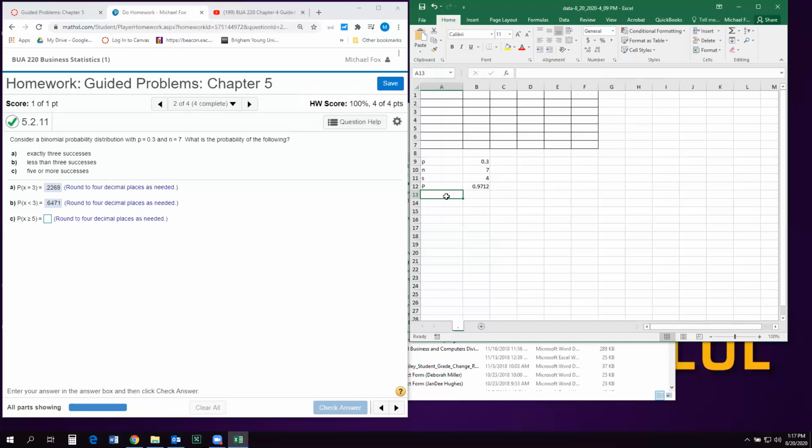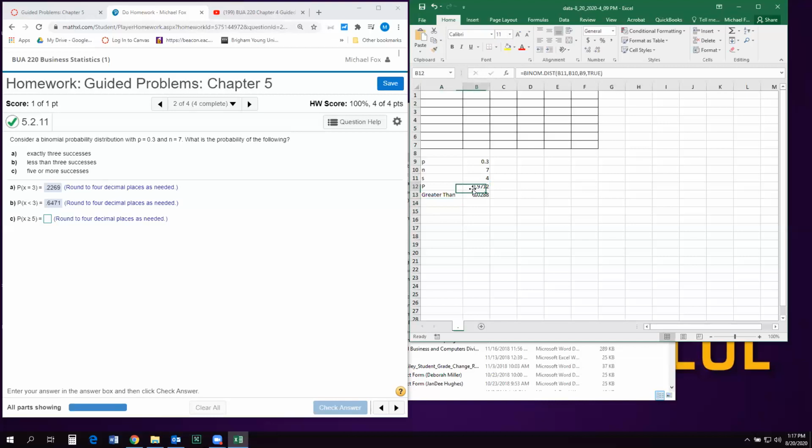And then to find greater than, remember, every probability distribution has a 100% that it will be, in this case, either 0 through 7 successes. So I'm going to take 1, or 100%, minus our answer here.